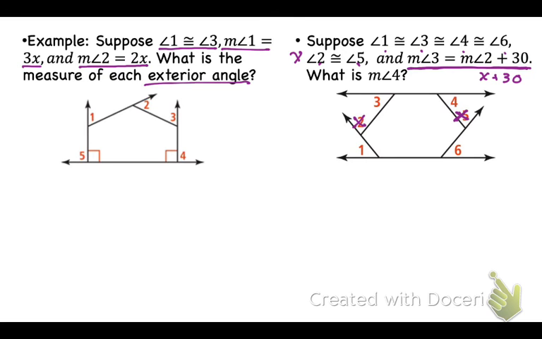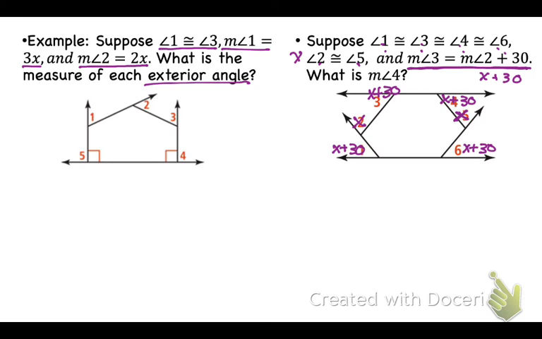We can write x plus 30 on 1, 3, 4, and 6, can't we? So x plus 30, x plus 30, x plus 30, and x plus 30. Kind of repetitive, but it's nice. We only have 2 different measures, don't we?